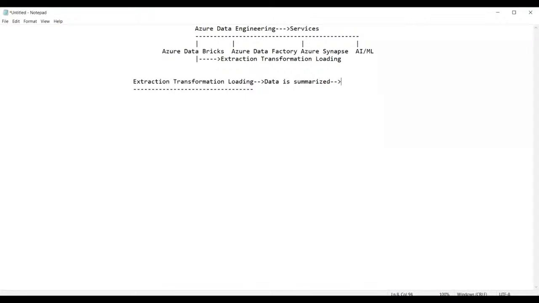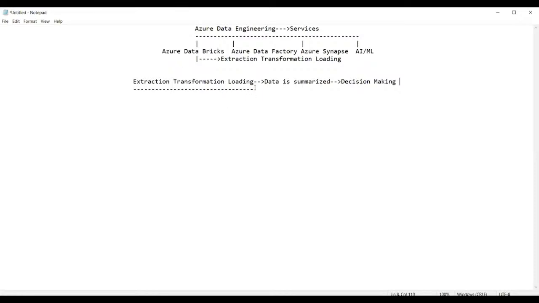And this summarized data is used for decision making. So what is this process of extraction, transformation, and loading?